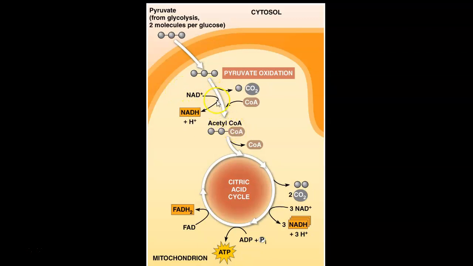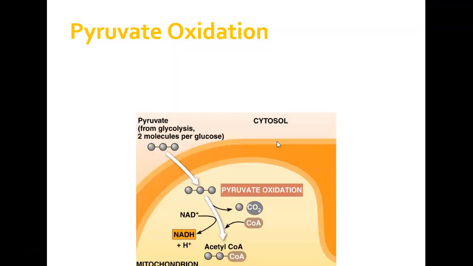And in that overall process also, NAD gets converted to NADH. So another one of those electron carrier molecules is generated. And this happens twice because there's 2 pyruvate molecules. So you get 2 NADHs, 2 acetyl-CoAs that are going to be generated to go into the citric acid cycle. And we'll talk about that in more depth.